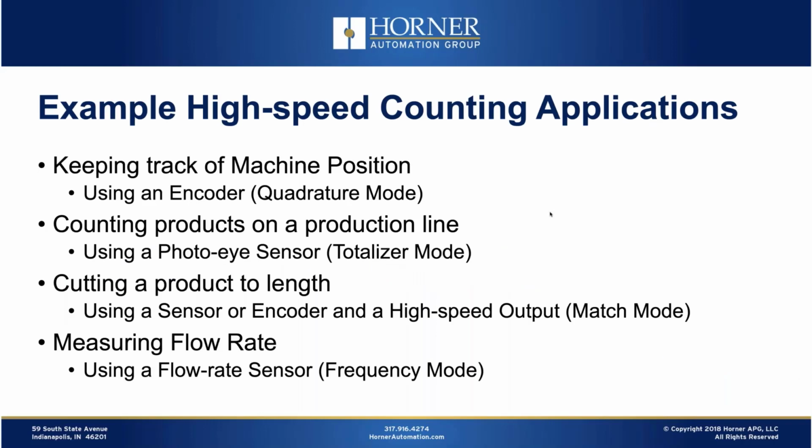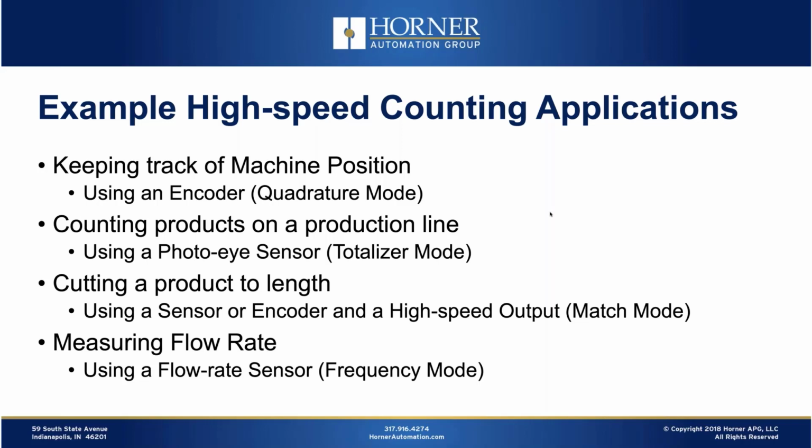Okay, so I wanted to share just a few example applications for high-speed counting. And again, it means different things for different machines. One very common requirement is that you need to keep track of machine position. Maybe you have a stamping press, which has a 360-degree cycle from bottom dead center to the top of stroke.